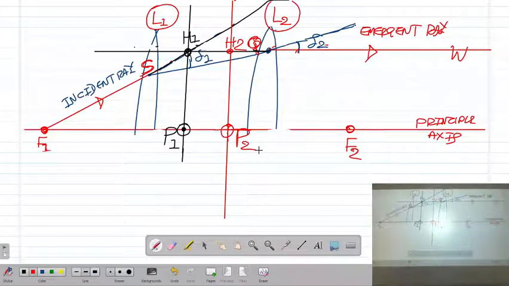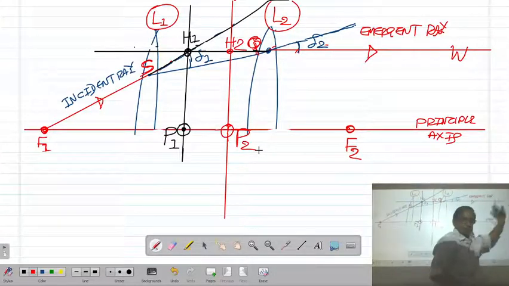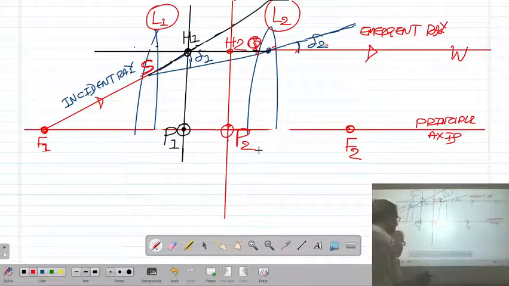Okay. Now the important thing is this. I give you a very compact explanation of all the properties. Any ray passing through the first focal point F1 and incident on the lens system will become parallel after refraction. That is the property of the first focal point.